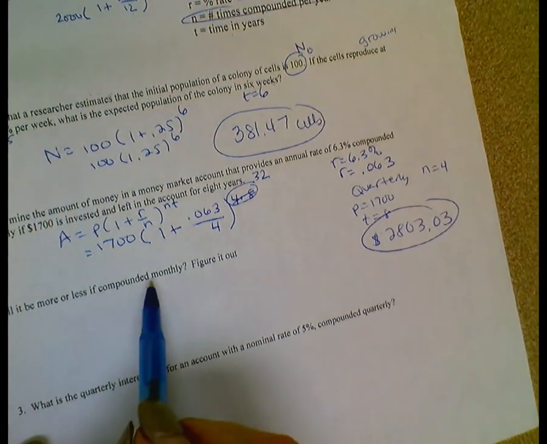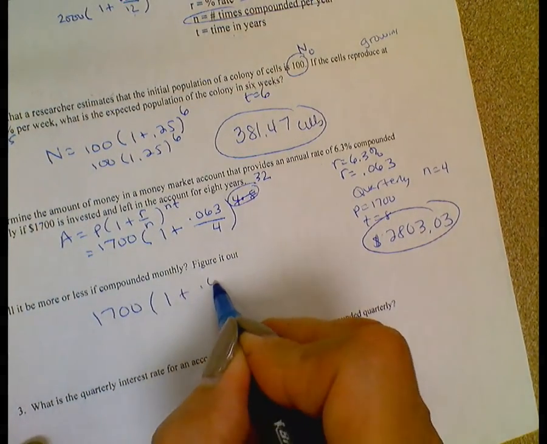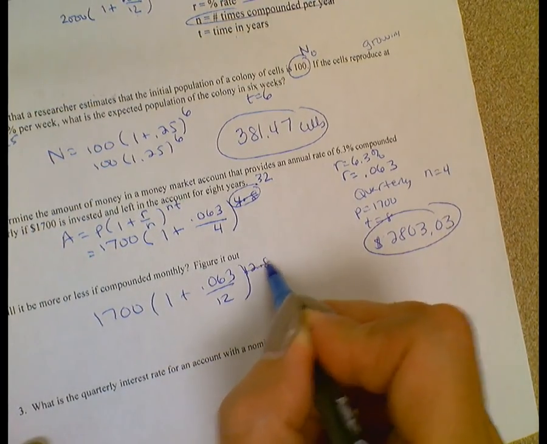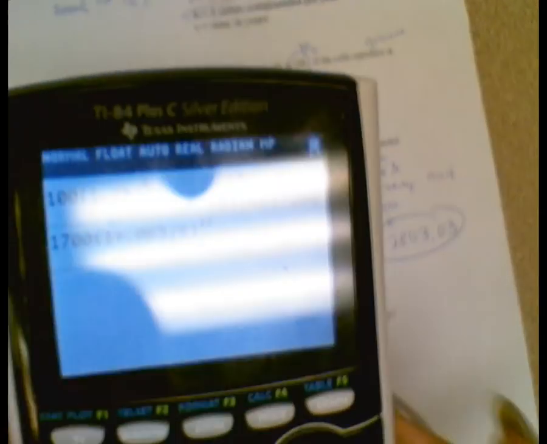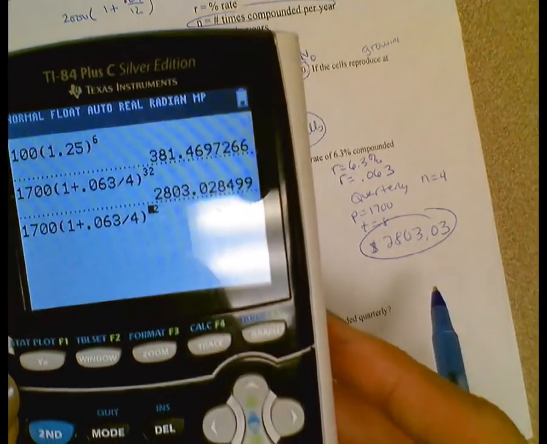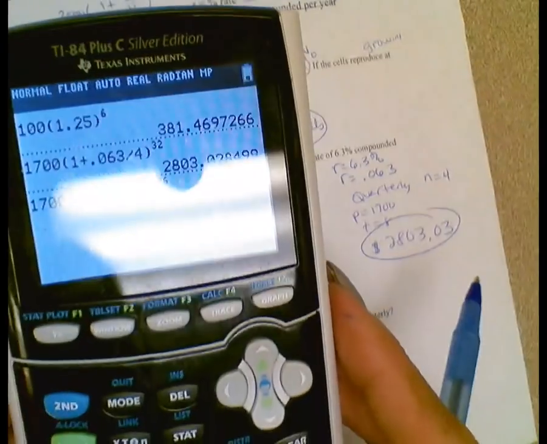Will it be more or less if compounded monthly? Well, let's look. Everything's the same except monthly means 12. 12 times 8 is 96. Now your money is going to be compounded 96 times. So if I was doing this, I'd press second enter. I'd change this to 96, first of all. And I'd change the 4 to a 12.